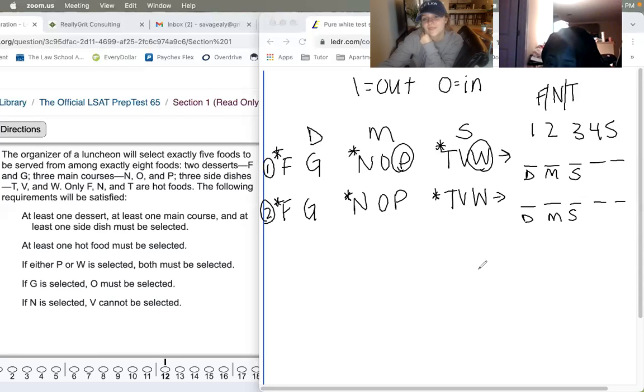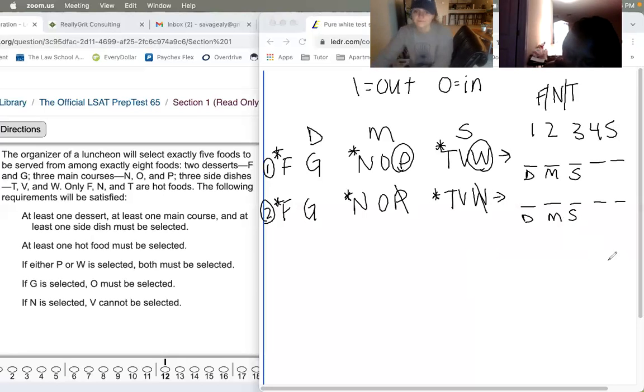We could go ahead and slash P and W, but it also doesn't necessarily go into, well, if they're not, we know if either one of them is selected, then both have to come in. So if neither one of them, then they can't be in at all. Yeah, so we can't pick one and not the other. We're either picking both or we're not selecting both. Those are our two options, right? Right. Oh, I'm so glad you got that.